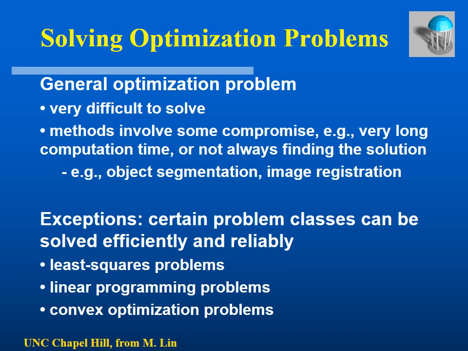Problems where the objective function is linear in the x variables, and where each constraint is linear in the x variables, produces what's called a linear programming problem, and those can be solved, and we'll be spending the majority of our time in this set of lectures on the linear programming problems.